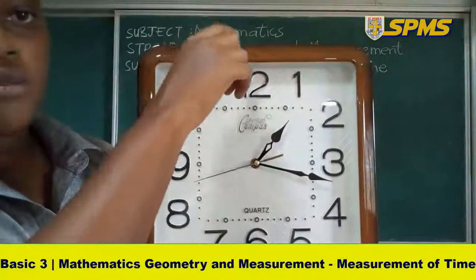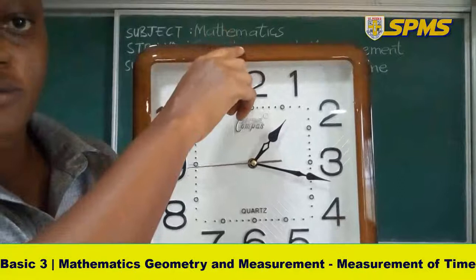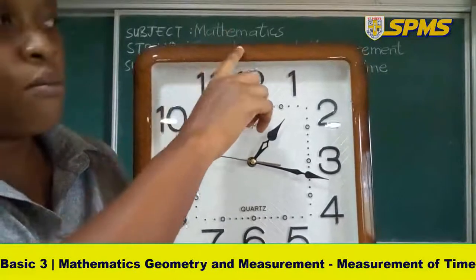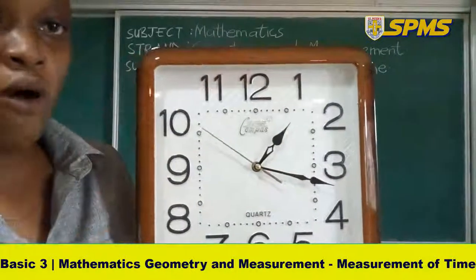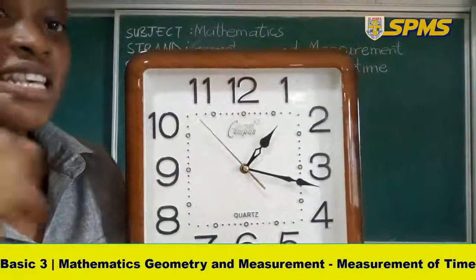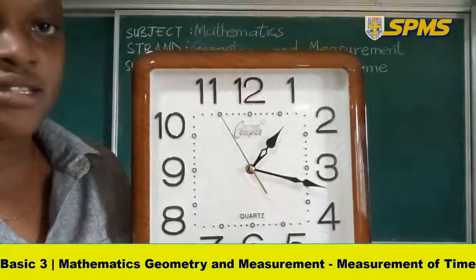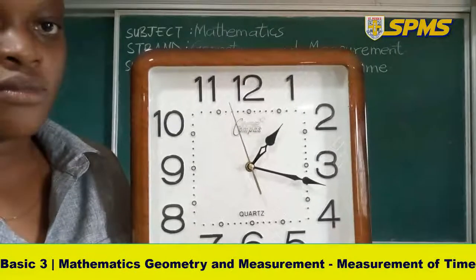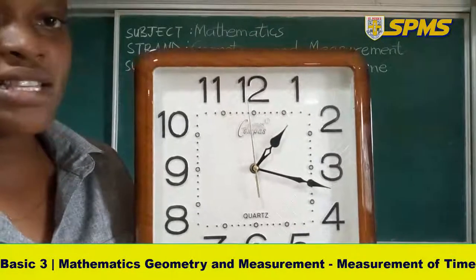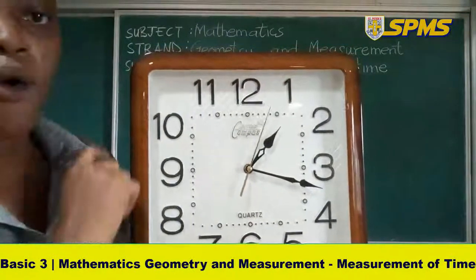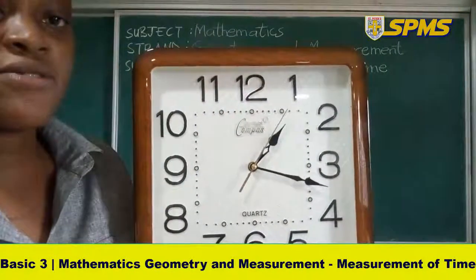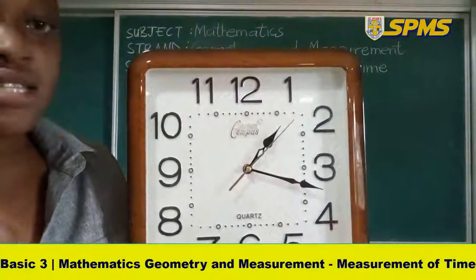Starting from 12, moving in a clockwise direction back to 12 gives us 60 seconds. So when the second hand moves from 12 in a clockwise direction and goes back to 12, it gives us 60 seconds.